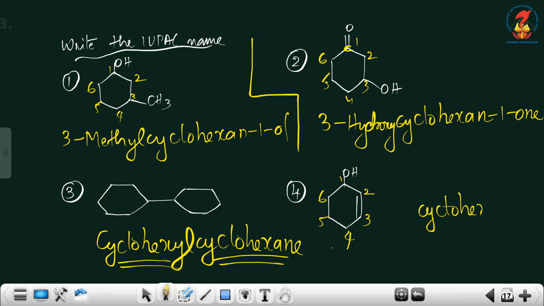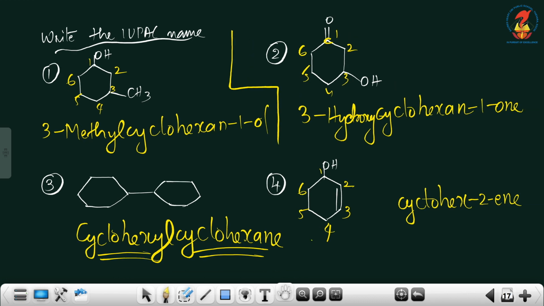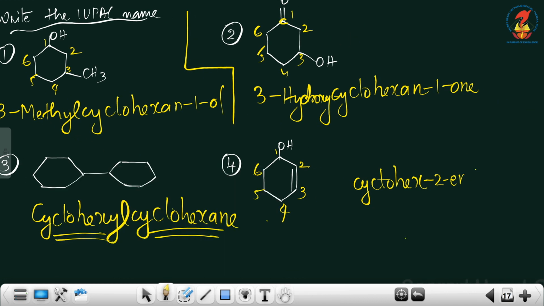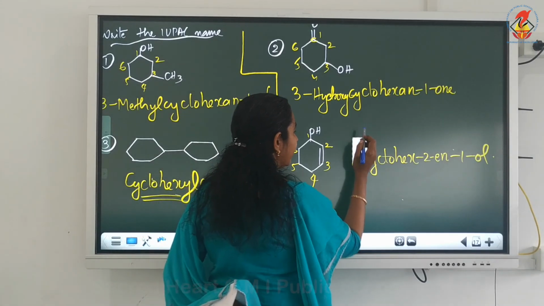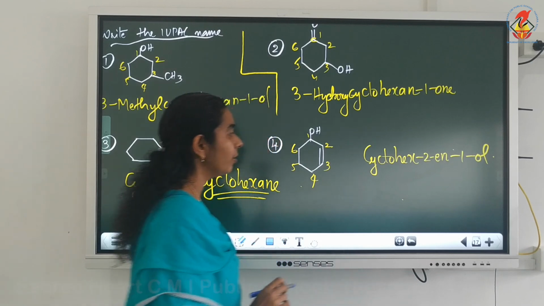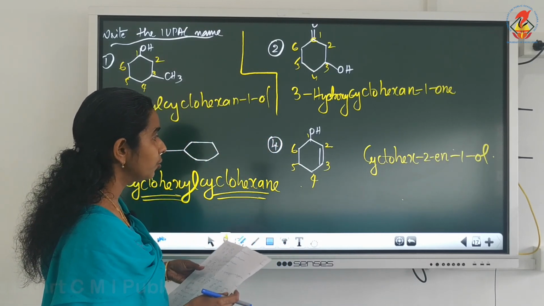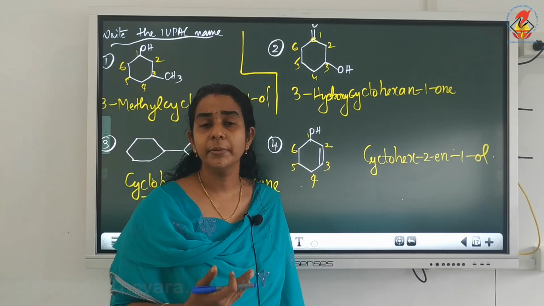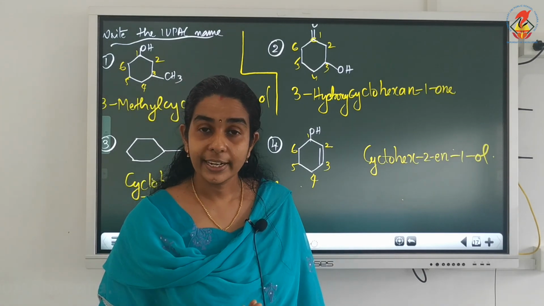So cyclohex, 2-ene, ene is the primary suffix, and 1-ol. There are no other prefixes here. So the name of the compound is cyclohex 2-ene 1-ol or cyclohex 2-enol. So this is about the naming of alicyclic compounds.